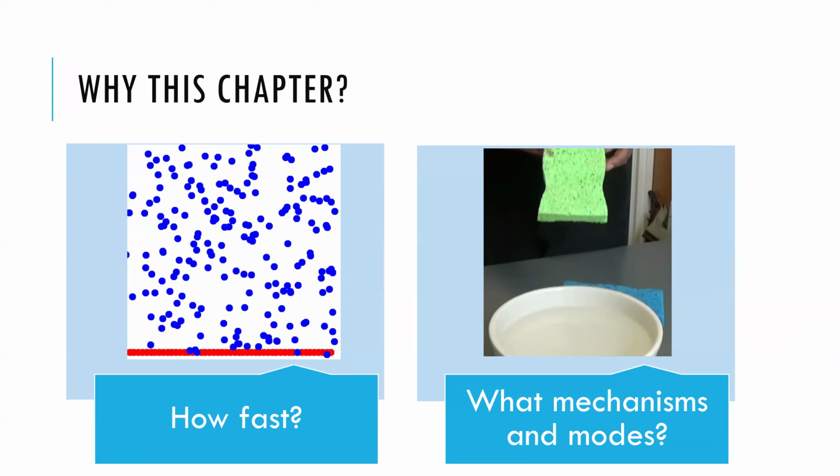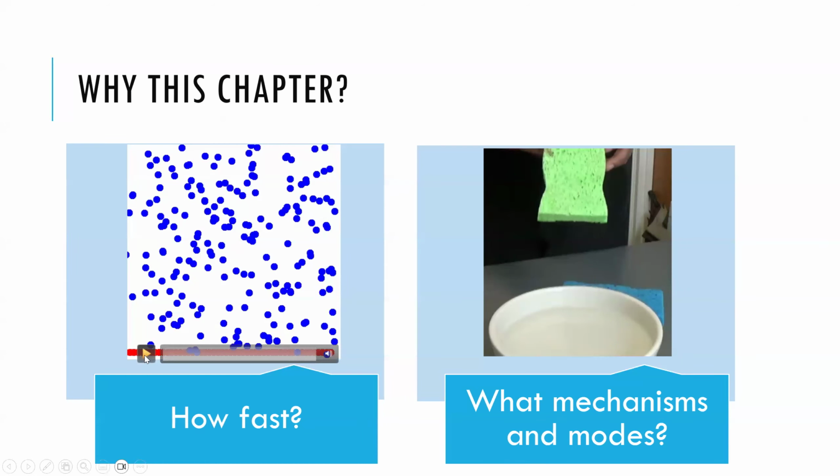And so why do we even bother with this chapter? The thing is, for design purposes, for engineering, for practical use, we need to know how fast a process is going. So let's say in this diffusion process, this is the same animation that I showed you for heat transfer, where the red circles were at a higher temperature. But here, they're all at the same temperature, and the reds are identical to the blues, except I have colored them.